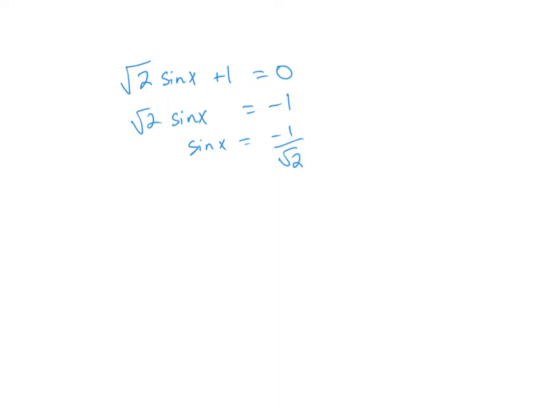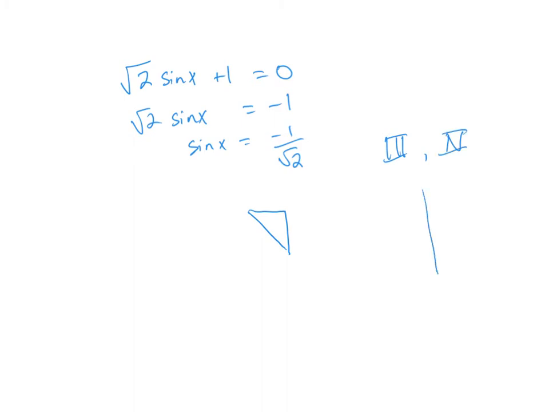To find x now, I just have to figure out what angle makes 1 over root 2. So if I put in a theta here, I have my opposite, which would be 1. This is negative, it's -1 over root 2. So I'm going to redraw this triangle because I know with a negative sign, it has to be going down into either my third quadrant or my fourth quadrant.